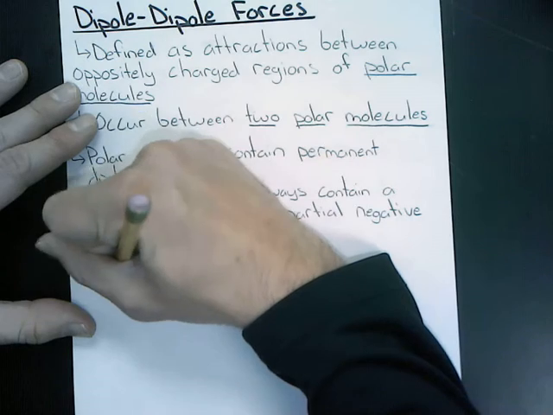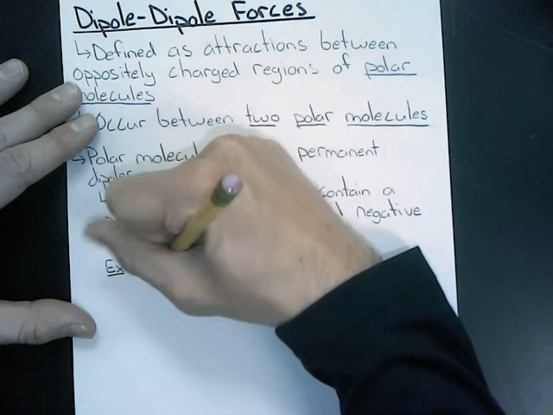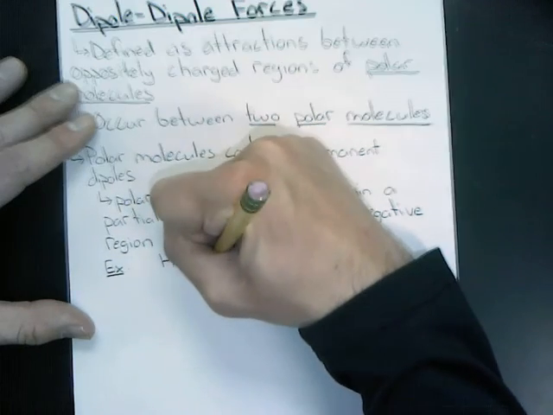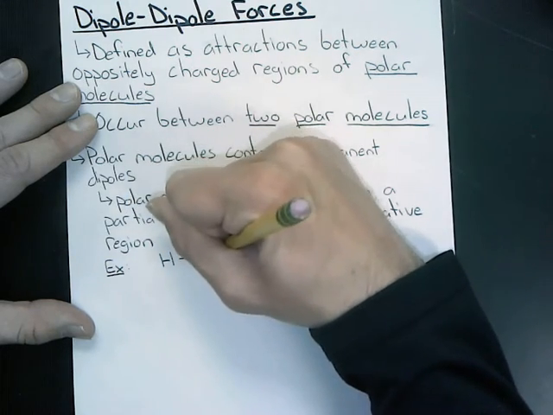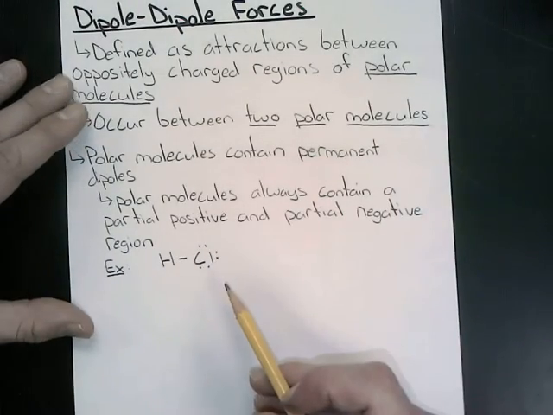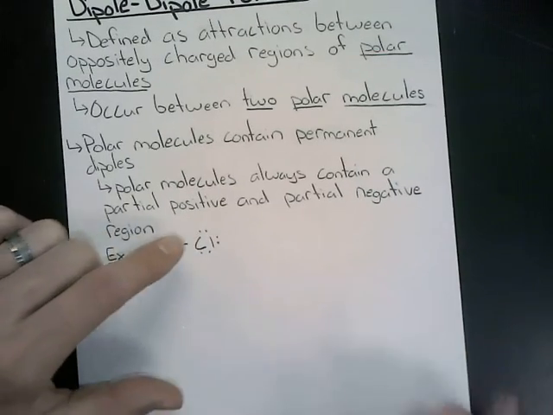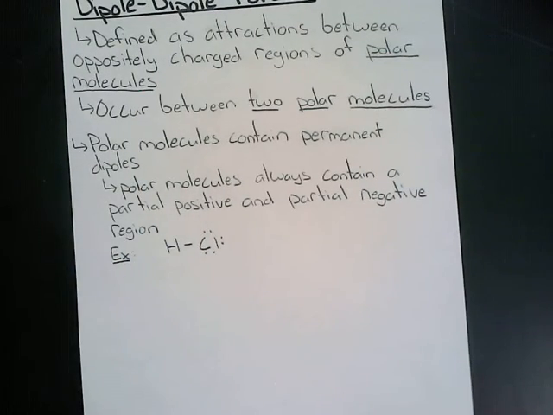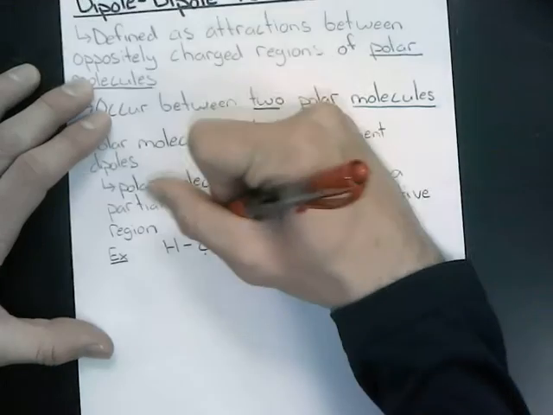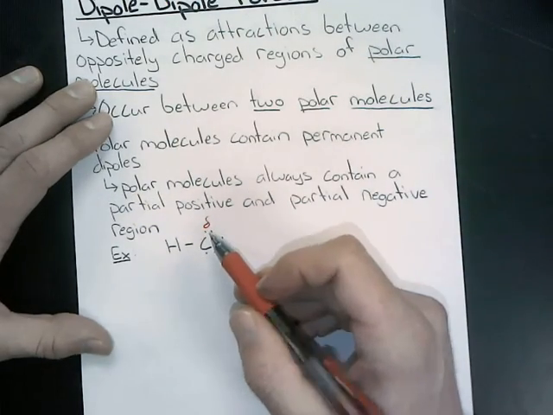So in hydrochloric acid here, we have to remember that we have an H that is bonded to Cl. Now, the Cl pulls those electrons closer to it. It has a higher electronegativity. And so this creates what we have as follows. So around our Cl, we get this fancy symbol that looks like an S that just stands for partial.